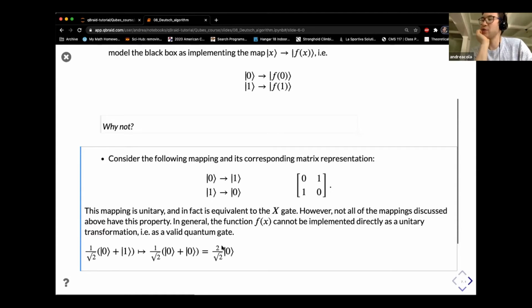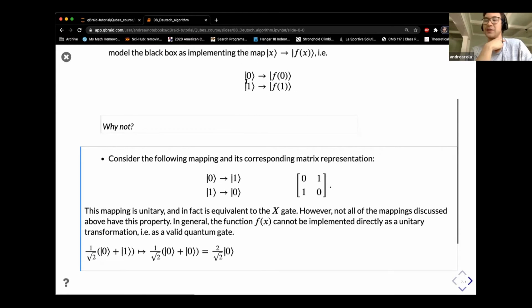You should care about unitary functions because one of the axioms of quantum mechanics is that the evolution of quantum states happens in two ways: either measurements or linear transformations that are unitary, that preserve the norm. These are the only two things that are allowed.